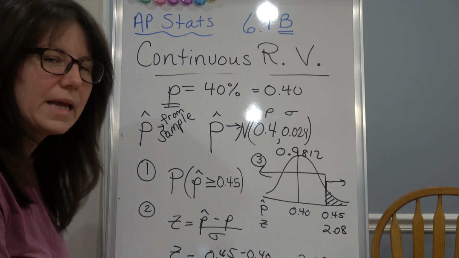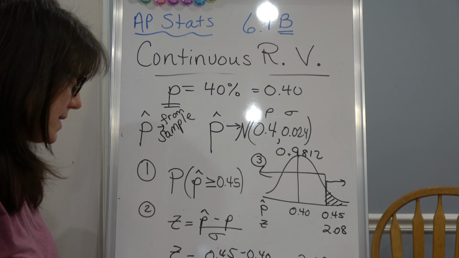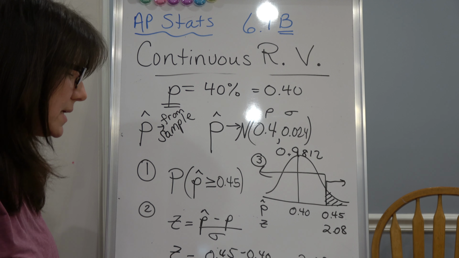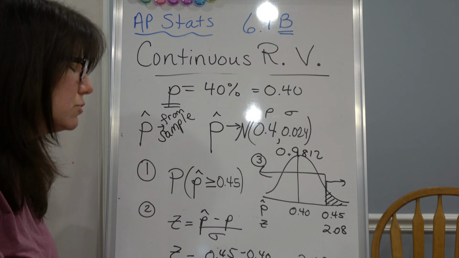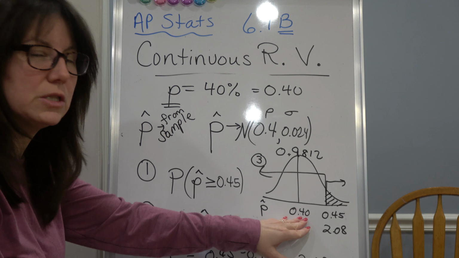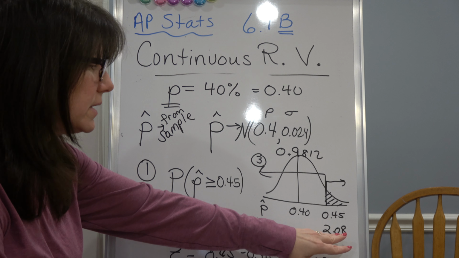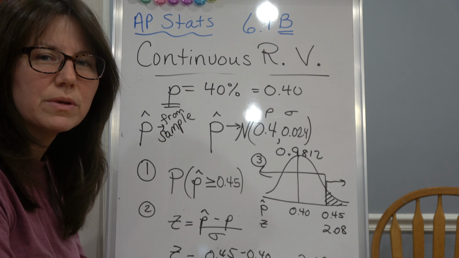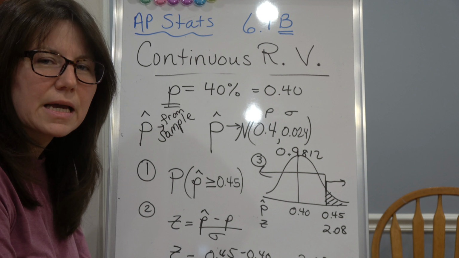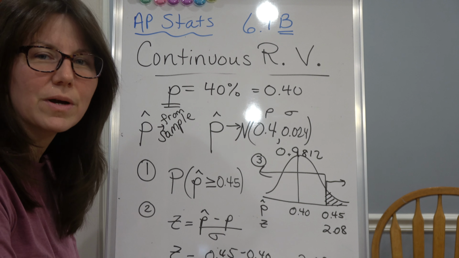So there's a 1.88% probability that 45% of a sample would say yes, violence is the biggest issue, assuming that the true percentage for the population is 40%. So that's very unlikely, all right? So we're going to do something with that probability in the second half of the school year. We're going to make a decision about the assumption, okay?